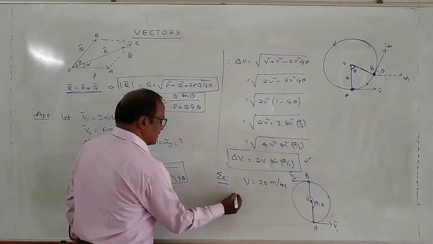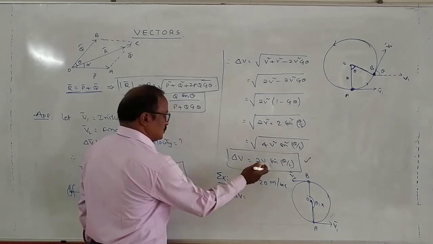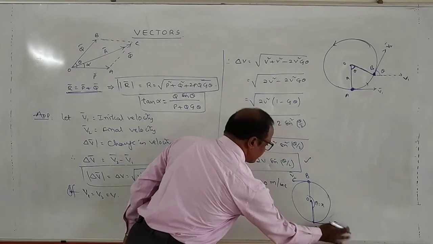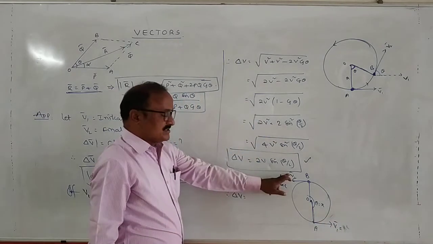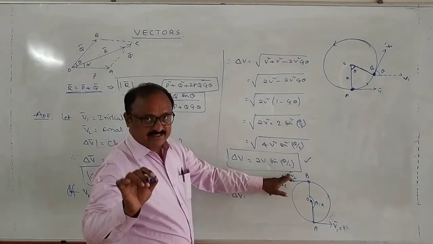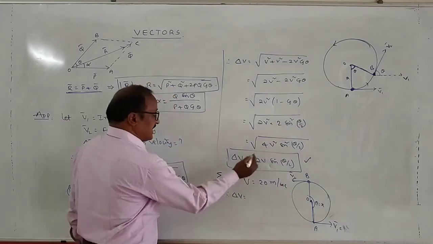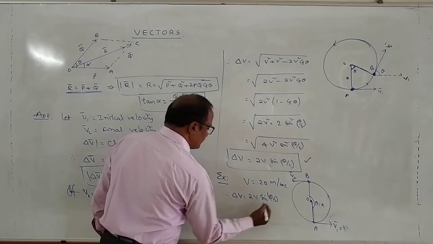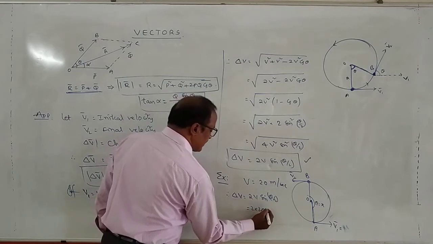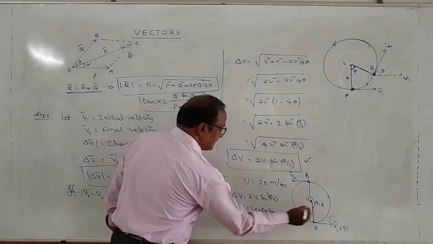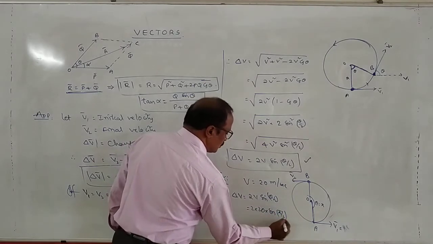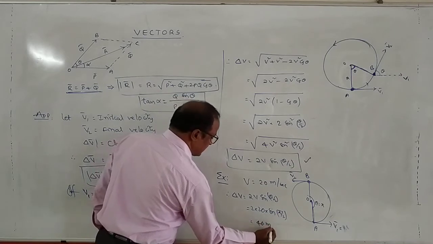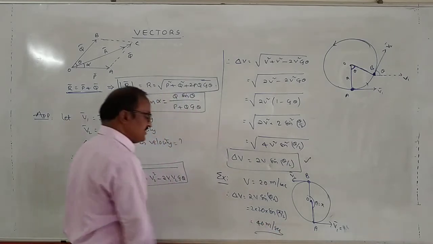So in this situation, v1 is equal to v, and v2 is also equal to v. The magnitude of velocity, meaning speed, remains constant. Delta v is equal to 2v sin theta by 2, that is 2 into 20 into sin pi by 2. Sin pi by 2 is sin 90, which is 1. So that is equal to 40 meter per second. This is the change in velocity.